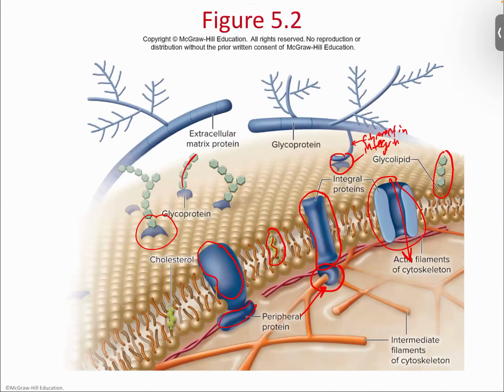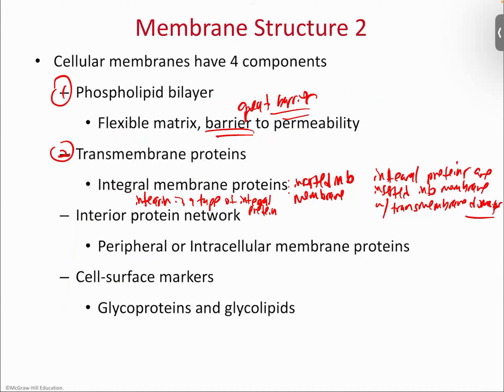So for instance, all of these are integral proteins, but only one of them, this guy over here, is integrin. That makes sense? Now, because of that confusion, I generally don't use the term integral. I usually use what we know, which is transmembrane, because transmembrane domains are required in order to integrate or insert into the membrane. So instead of saying integral proteins, I usually say transmembrane proteins.